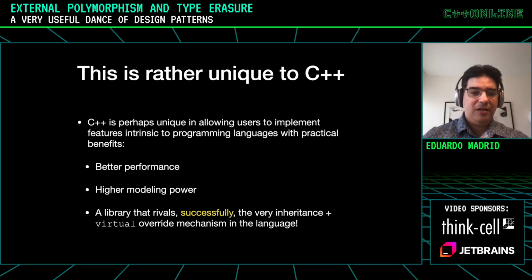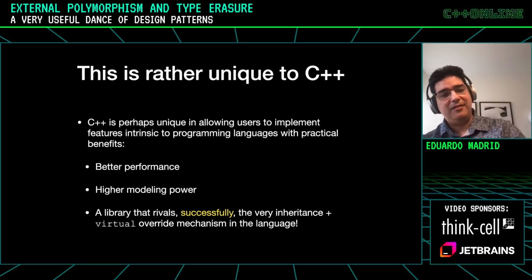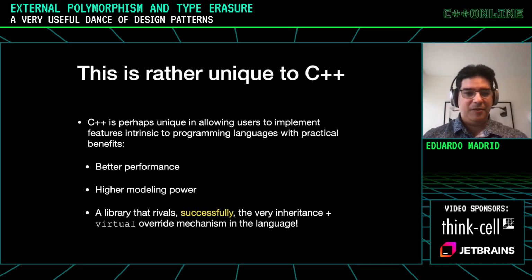And in particular, I'm going to show you an example of a library or a framework done in user code that rivals successfully the very inheritance and virtual overrides mechanisms in the language. How is it better? Because it has better performance, and I can prove that objectively, and it also has higher modeling power.